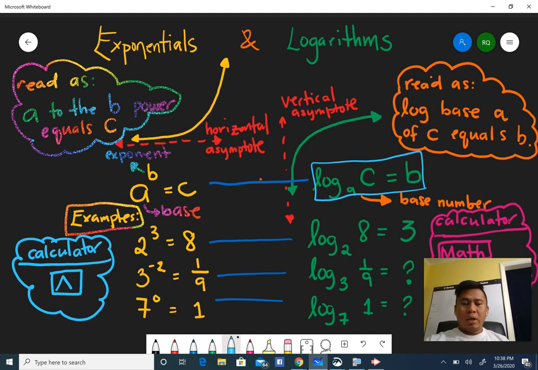It also says in here some few examples. 3 to the negative 2 power is 1/9. Can be written as log base 3 of 1/9 is equal to, definitely, negative 2. And for the last one, 7 to the 0 power is equal to 1. That means logarithm base 7 of 1 is equal to 0.